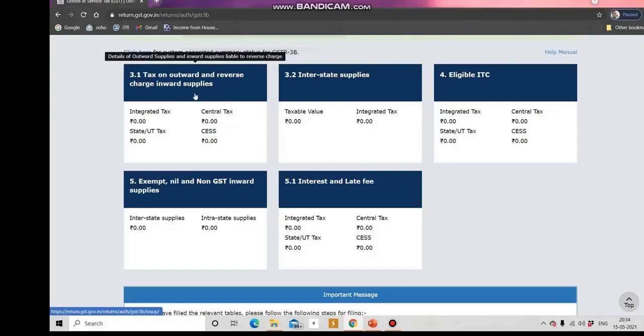See, GST is normally paid by the dealer after collecting it from the receiver or the purchaser. But there are some services which have been notified by the government on which tax has to be directly paid by the receiver to the government. So it is inward supply for the receiver and still he has to pay tax. So it is called reverse charge inward supplies. So for that also taxable amount and tax we need to enter in table 3.1.